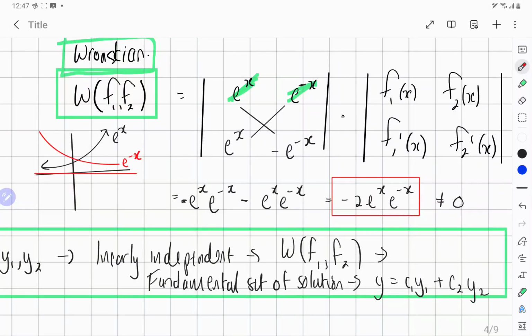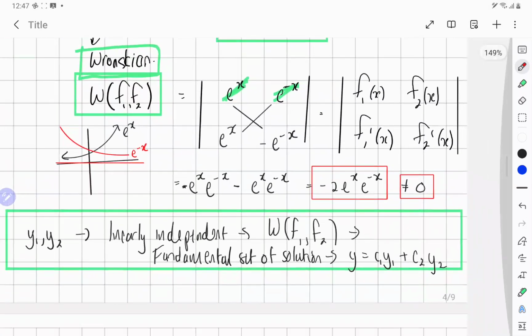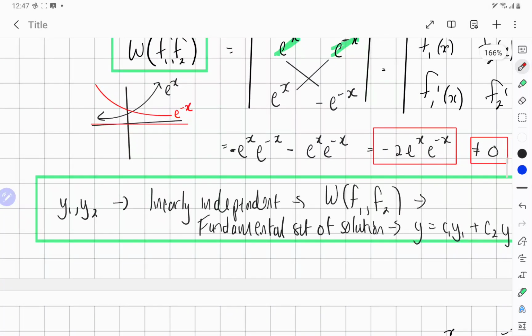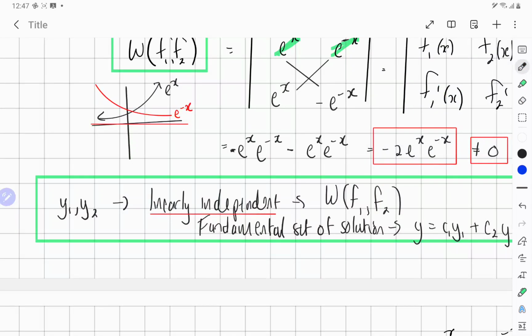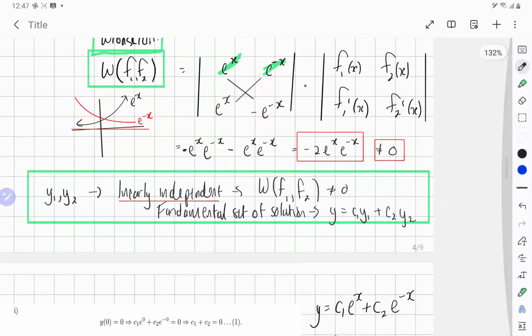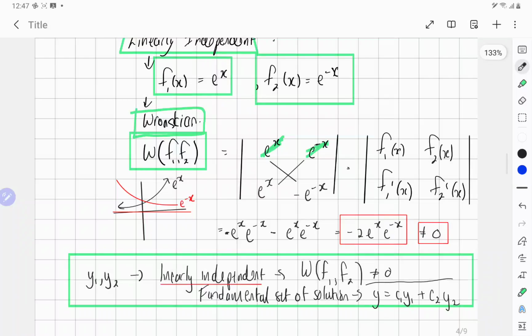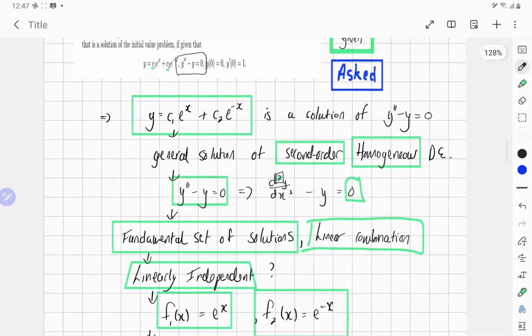And since the Wronskian is not equal to 0, look what I've done now, they're linearly independent. Hence the fundamental set, and hence the linear combination will be a general solution.